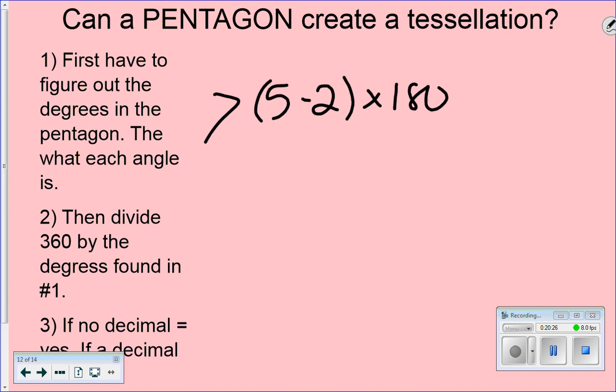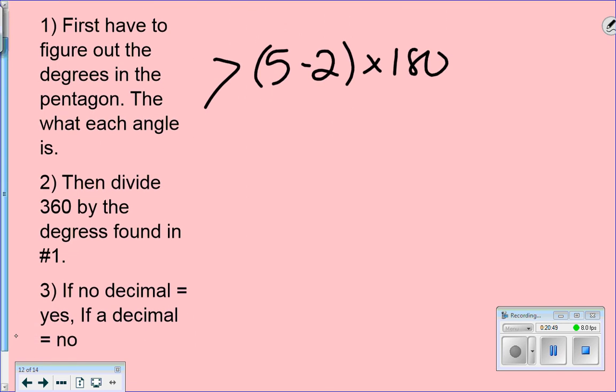Number 2, you're going to take 360 and divide it by the number of degrees you found in number 1. And then 3, if there's no decimal, it does tessellate. And if there is a decimal, it does not tessellate.